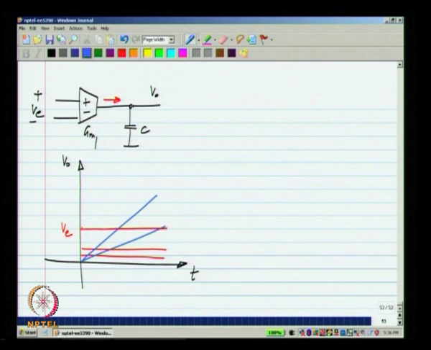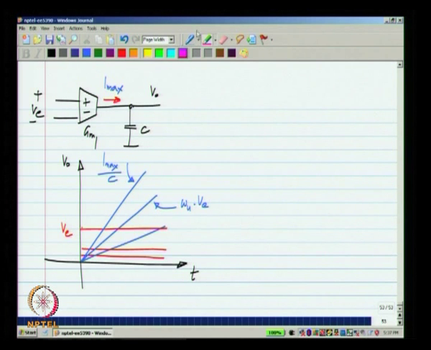So, let us say the current is I max, and the slope of the output, which should have been, what should it be? It should be omega u times VE. Now, when the current reaches its maximum value, the output voltage will have a slope of I max divided by C, and it does not depend on VE anymore.